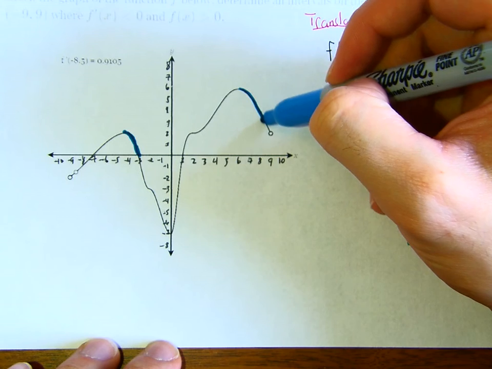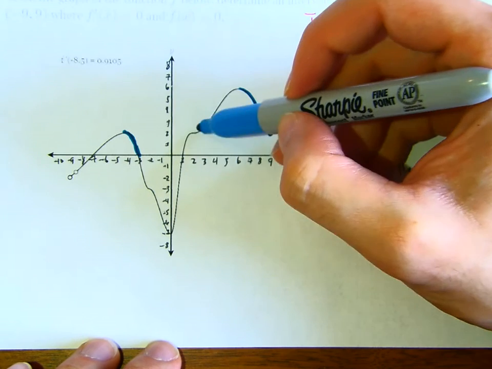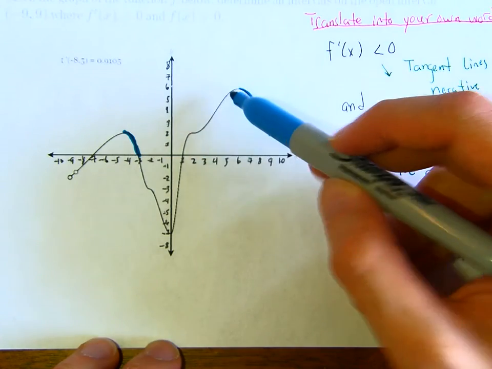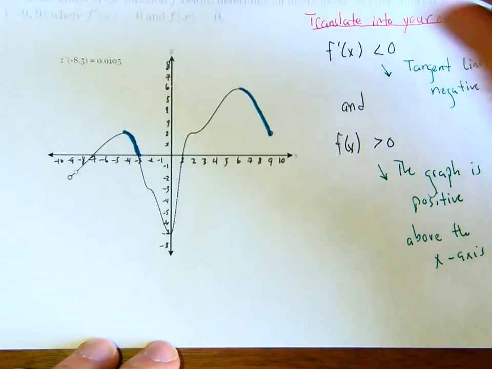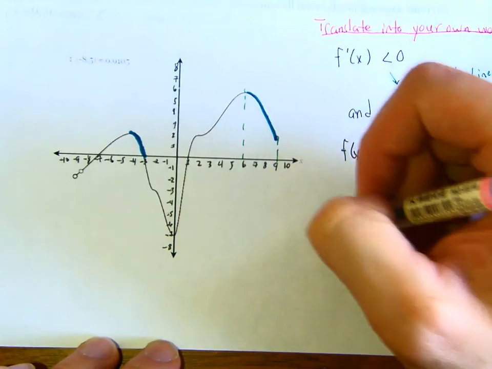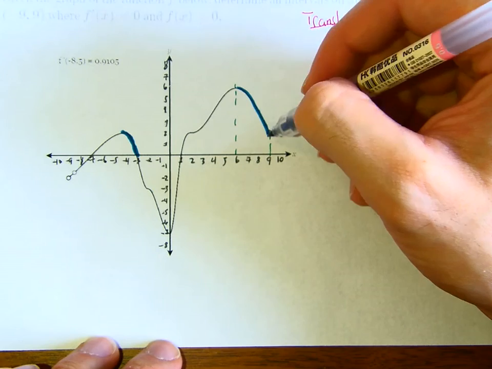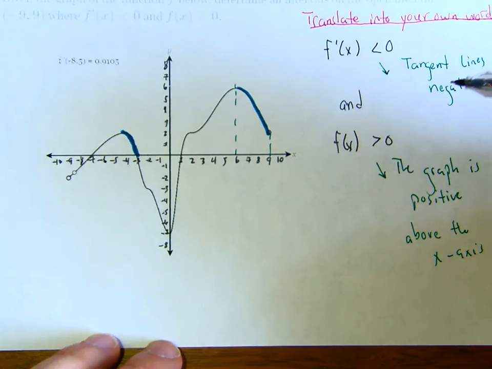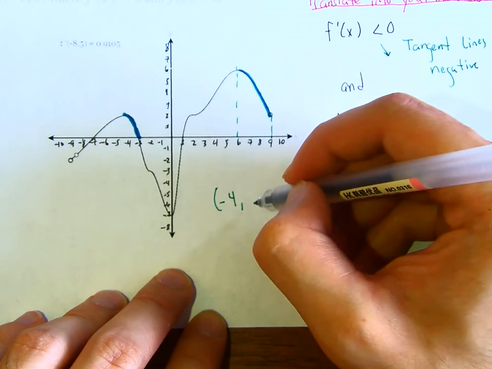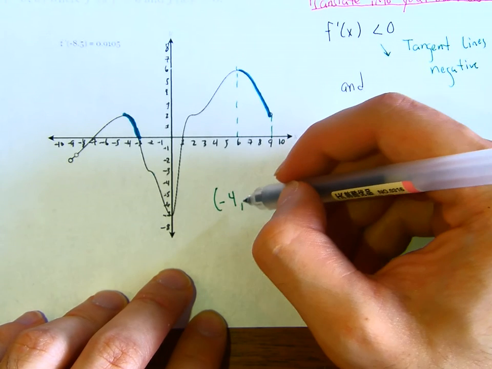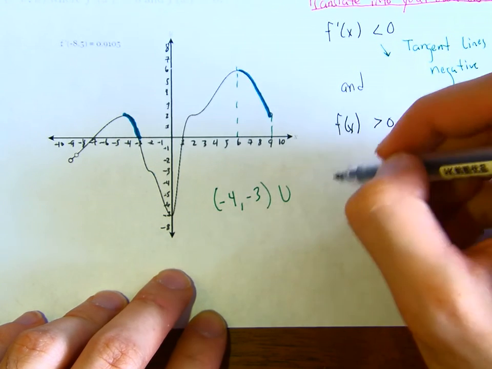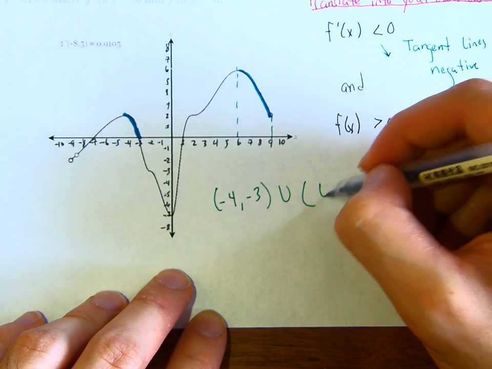Everything from here to here, you see the graph goes positive, 0, positive, but everything from, let's see, what is this x value? It is from 6 to 9. The tangent lines are negative, and it's above the x-axis. So how would you answer this question? It would be negative 4 to negative 3, union 6 to 9.